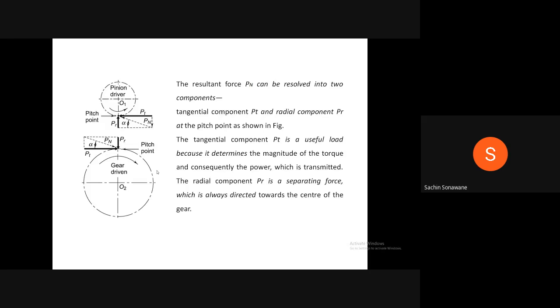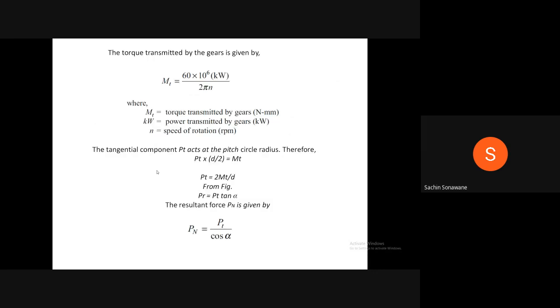Hello, hello, hello. I think you have drawn the diagram and you have written this. Next, write down this.